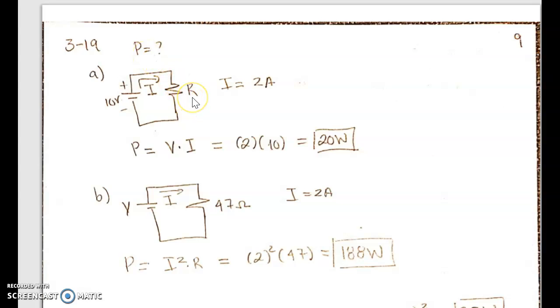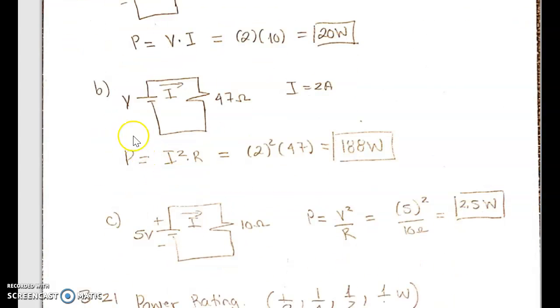We can solve for the R and use that formula, but we can use the fact that power is also defined as V times I. So we have 20 watts. In number B, they are giving us the current and the resistance.